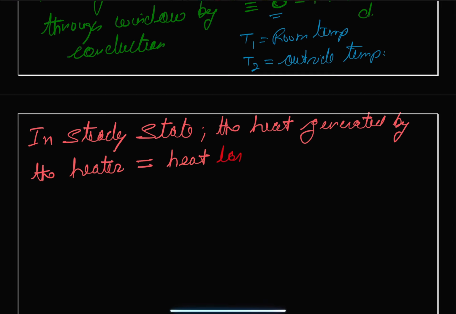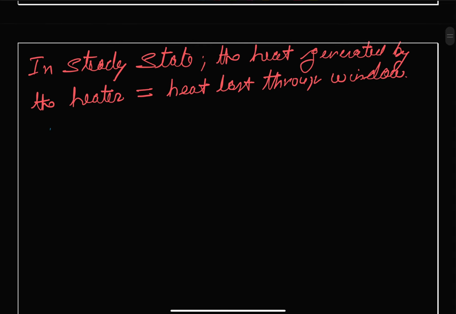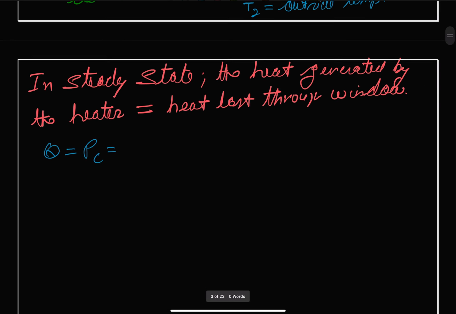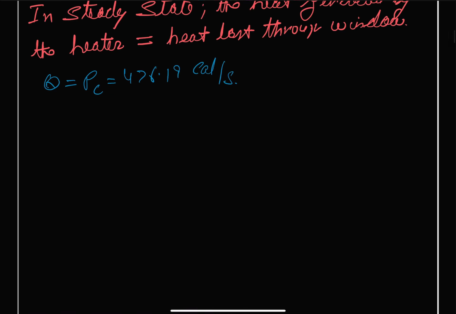So we can say that Q is equal to our PC, which is basically power in calorie per second. So it comes as 476.19 calorie per second. So we substitute the values, everything is known except T2.